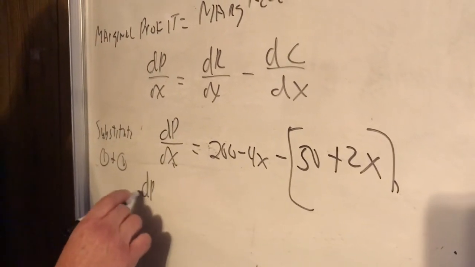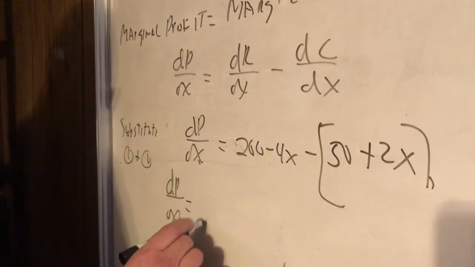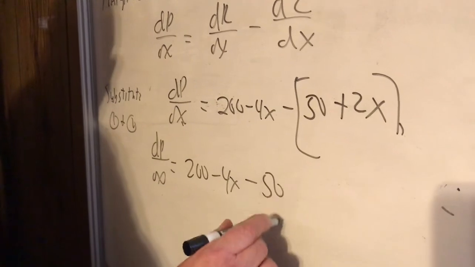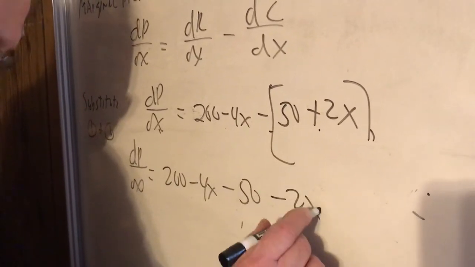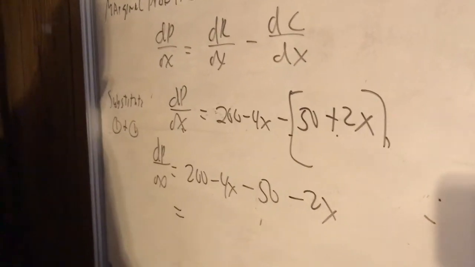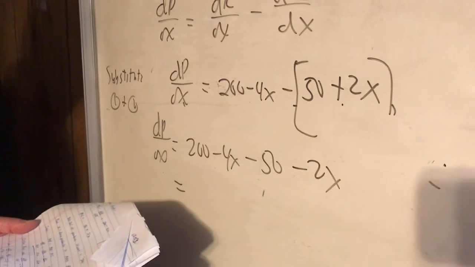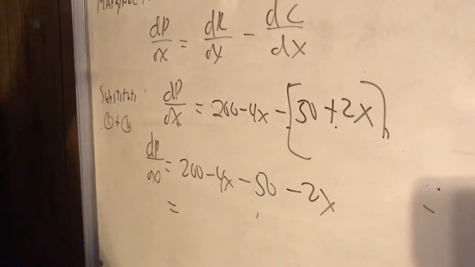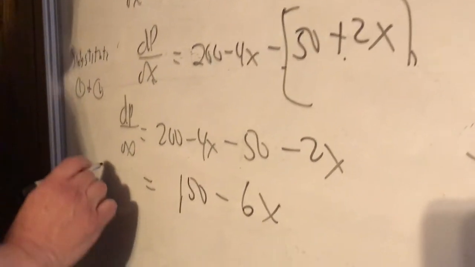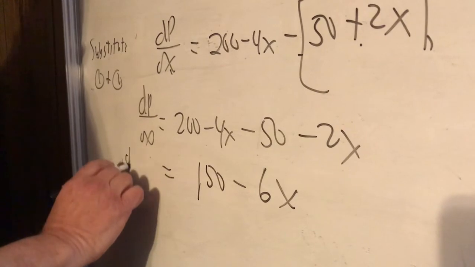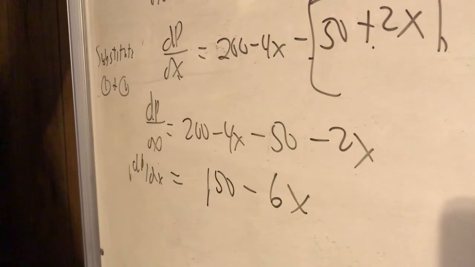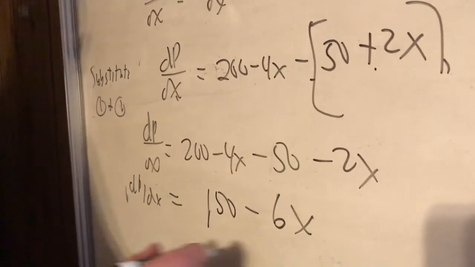So dP/dx is 200 minus 4x minus 50 minus 2x. This is going to be 150 minus 6x, and that is dP/dx. Now to find the critical point, I set dP/dx equals 0.